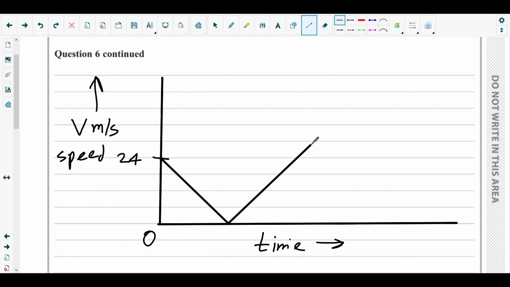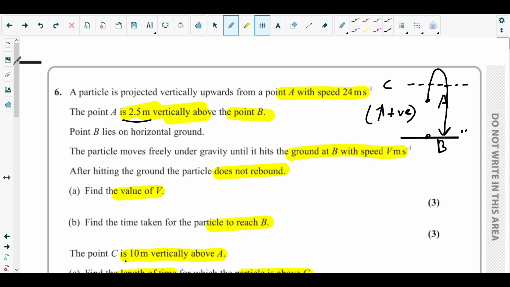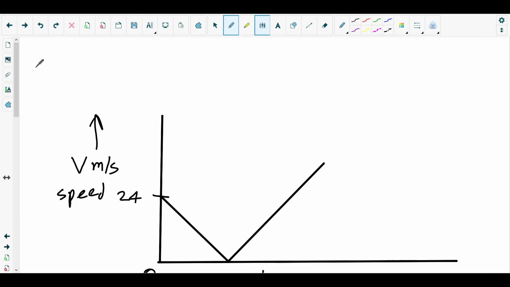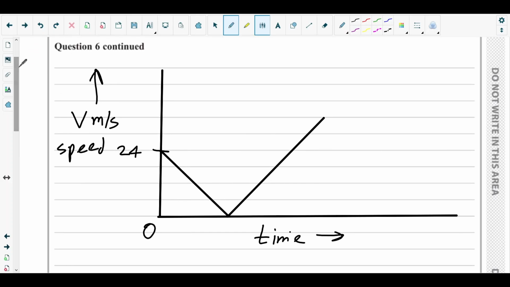That means it will accelerate while falling for a longer period of time, and that's why it will reach a greater velocity, which is v. We got this v in part A as 25 meter per second. So we can keep it here: 25 meter per second.